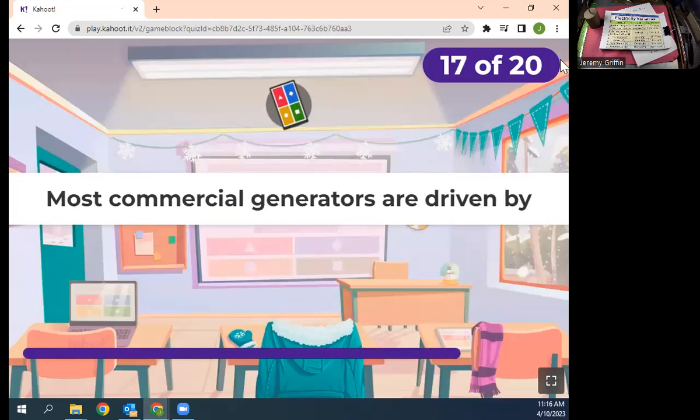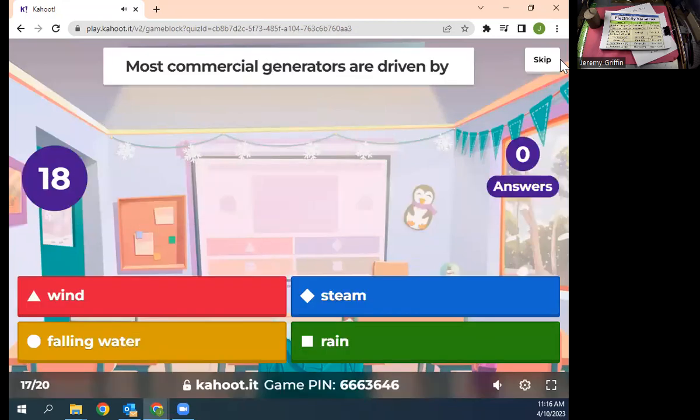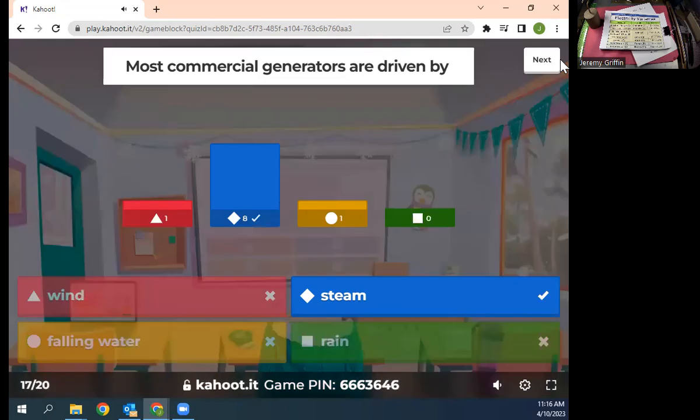Most commercial generators are driven by steam. I guess everything except for wind is full of water. True. Touche. So steam is what we're looking for. Most energy still comes from fossil fuels.